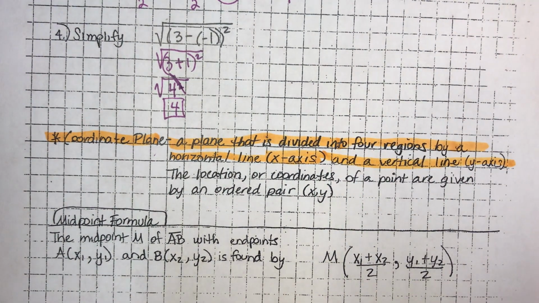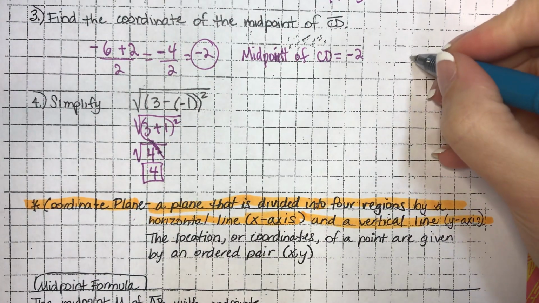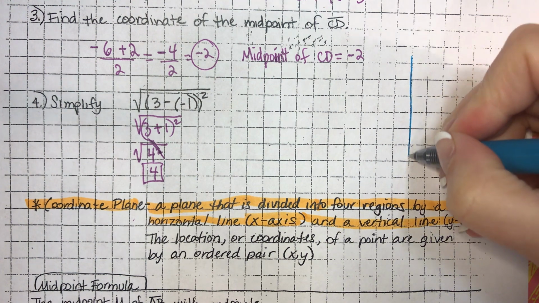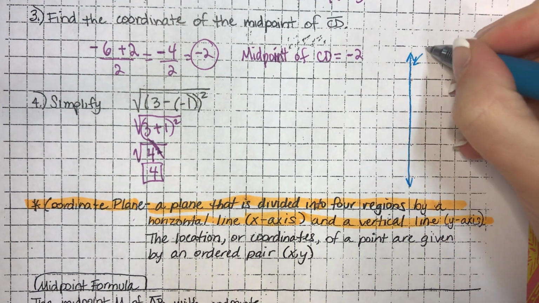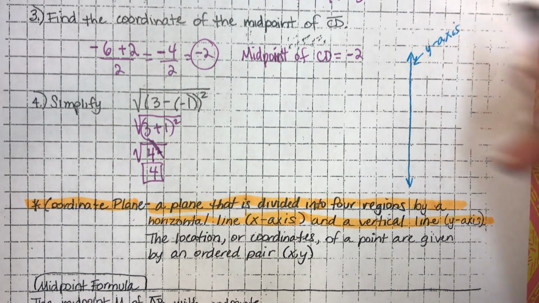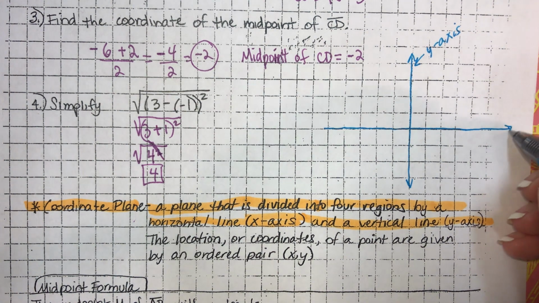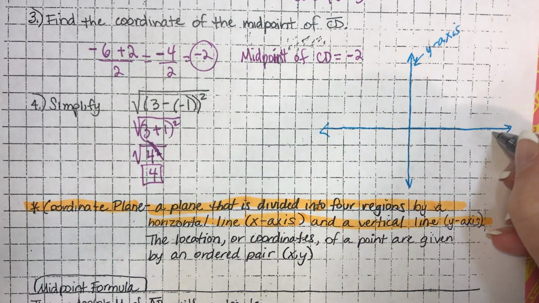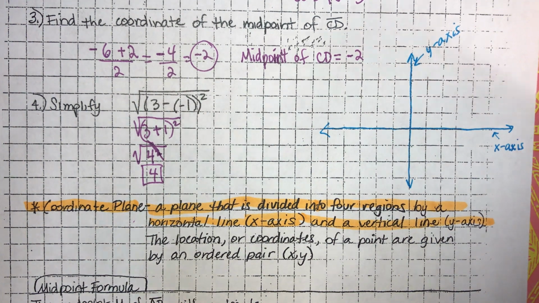So let's go ahead and make our own coordinate plane right here. I'm going to draw it like this. That is my y-axis, and then I'm going to put my x-axis here. And there we have my x-axis.